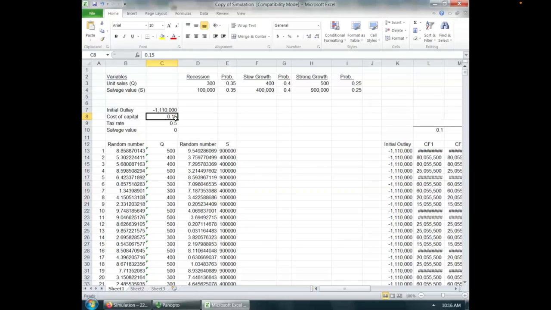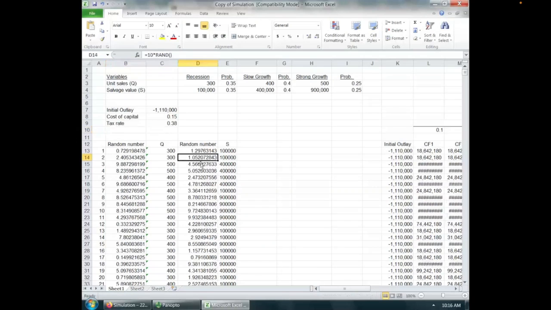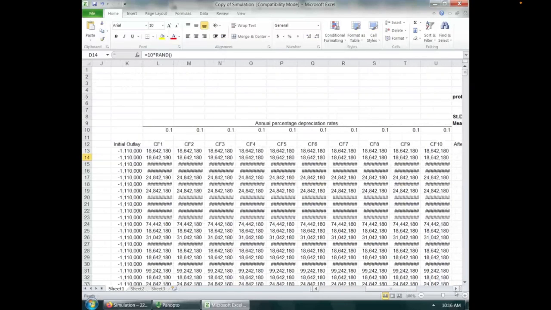Let me just go with 15% as we have here, but please make sure you use the correct weighted average cost of capital. Tax rate in this case is 38%, and salvage value, we don't really need this, so I'm going to delete that. Okay, so once you have that, you can go to the other side of this spreadsheet and start generating the cash flows.